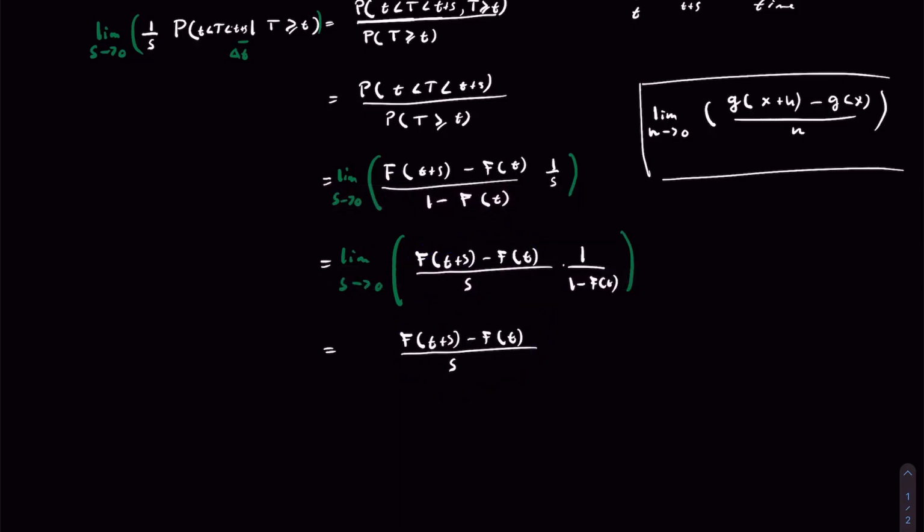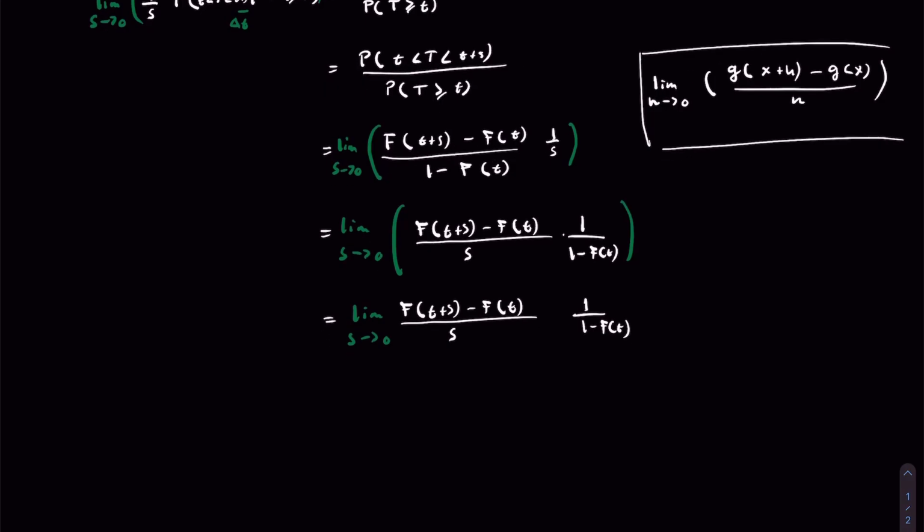We have the limit as s goes to 0, with this guy outside. And now, what does this guy mean here?